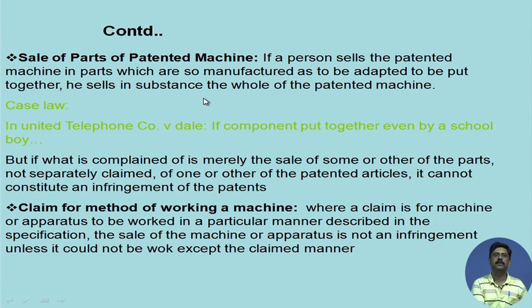There are different case laws; if merely some other part is separately claimed, you may get different views based on the different facts of the cases. Where a claim is for a machine or apparatus to be worked in a particular manner described in the specification, the sale of the machine is not an infringement, but if it would not be worked except in the claimed manner, then it may lead to infringement.